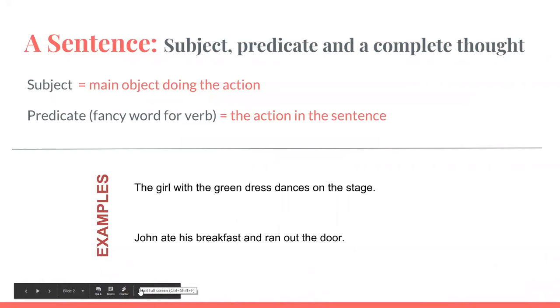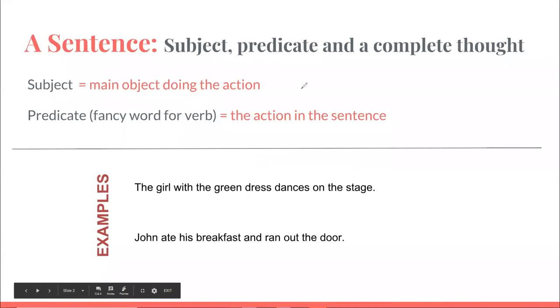I'm going to annotate this, and I'm hoping I can do this correctly. I always, even now, still underline my subject once and my predicate, or my verb, twice. So you want to always, always, always underline your subject once and your predicate twice, just to remind you of that.